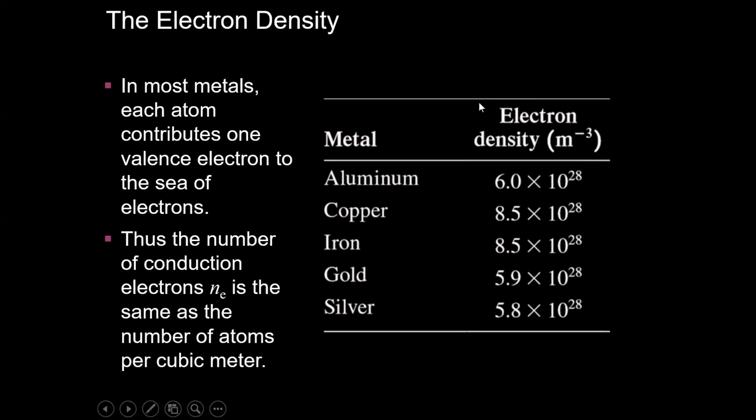And so to find that number, you have to know the mass density of the material, right? With a simple mass, the inertial mass divided by total volume of the material.